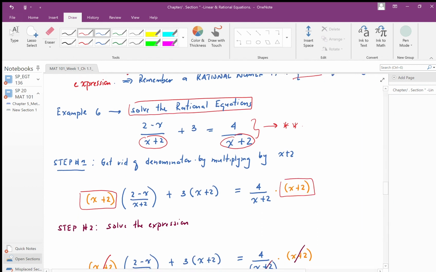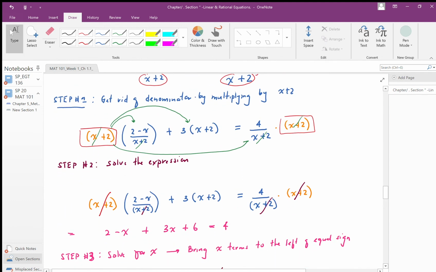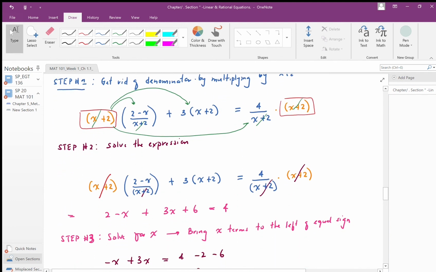And then when you do so, these cancel out. But remember that you have to multiply this value right here, this value right here, and also this value right here as well. So we do that as I've shown you here, and this is going to be x plus 2.